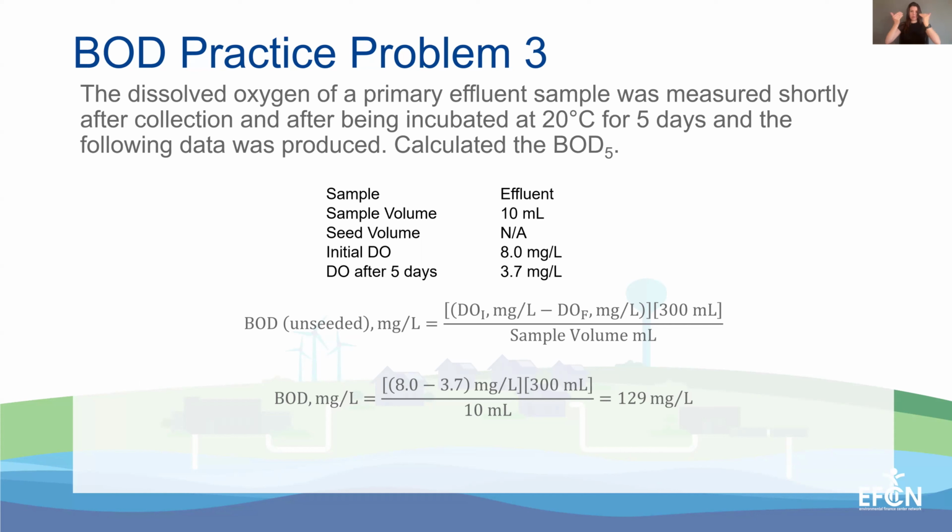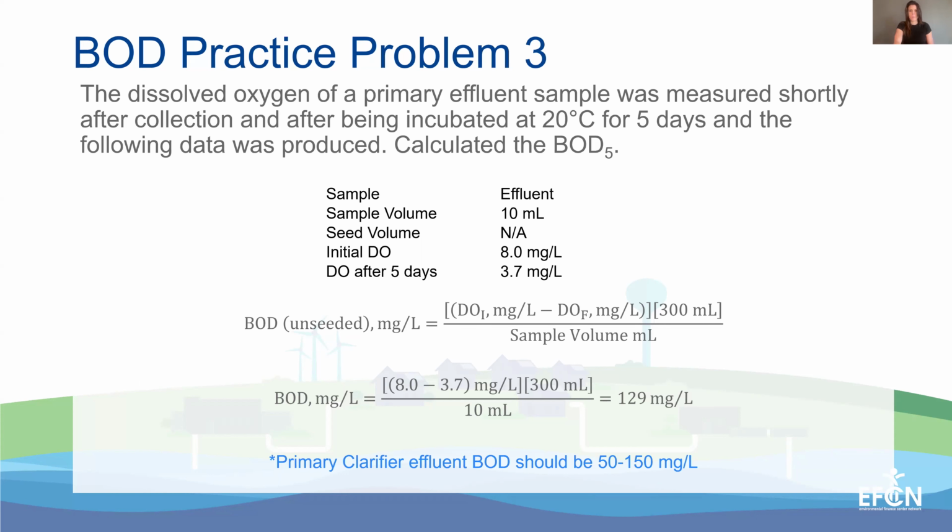The milliliter on the top and the milliliter on the bottom cancel out, so we're just left with milligrams per liter. And when we plug it into our calculator, it equals 129 milligrams per liter, which most of us got. Very good job, guys. There's that showing that a majority got the 129 milligrams per liter.